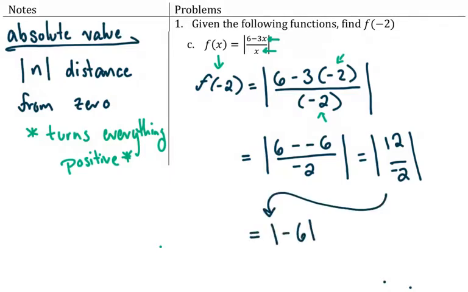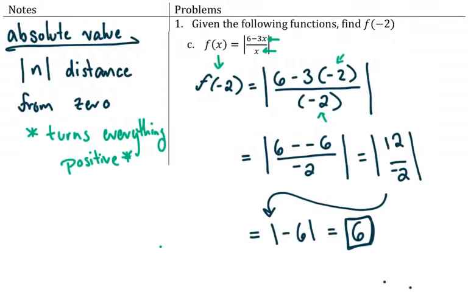And as we discussed, absolute value's main purpose in math is to turn everything positive. And so we end up with +6 at the end. Again, all our math on this side, and then f of -2 isn't changing.